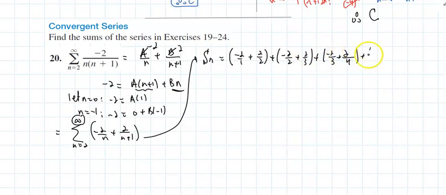If not, list a few, not a problem, until you really see it. The list goes on, and I notice that this negative 2 over 2 and this 2 over 2 cancel out. And once one whole term cancels out, you do know that everything in between is going to cancel out.